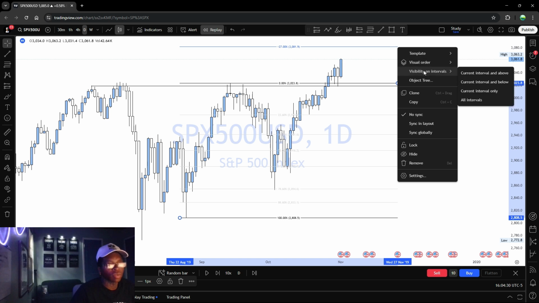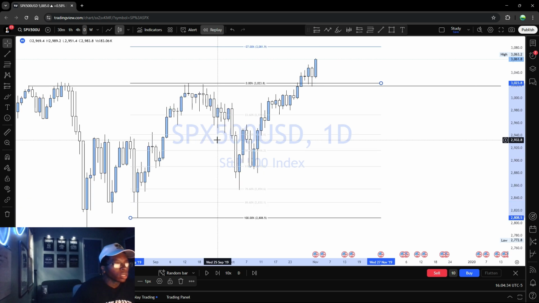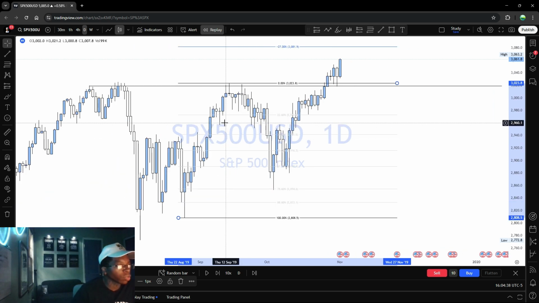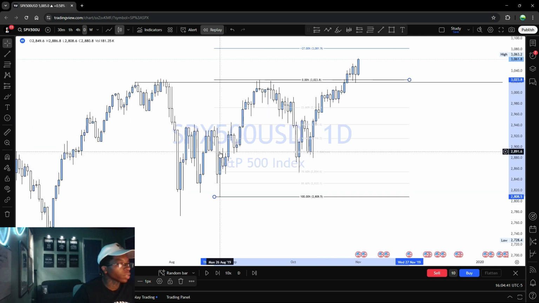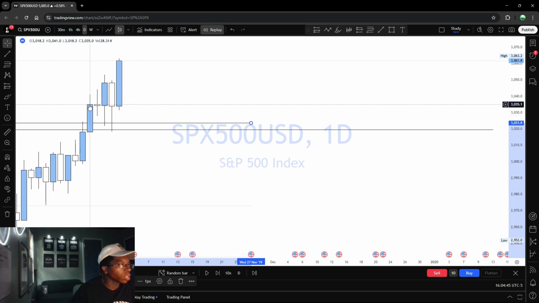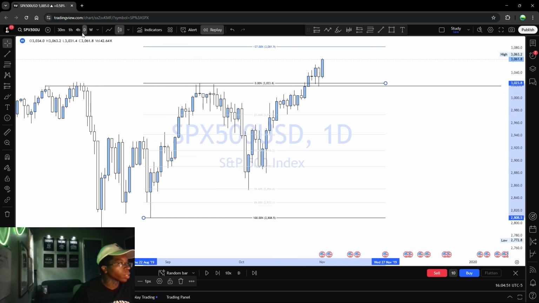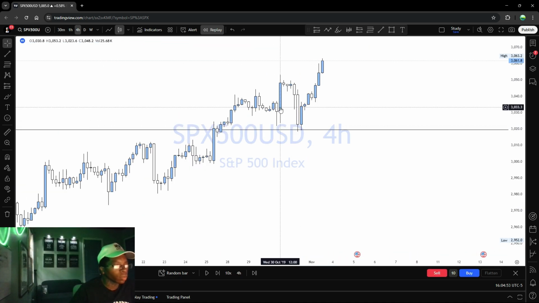So let's actually do visibility only here. Let's see what else do I need on the daily before I drop to lower time frame. I really do think that's the majority of it. When we get down, we're going to see these lows here. Probably can mark it up now, but let's see what it looks like on 4 hours.